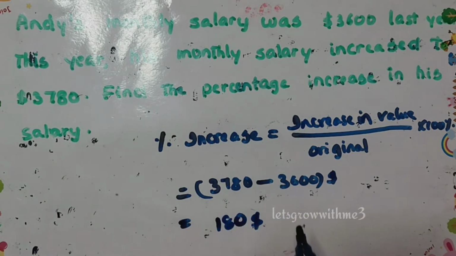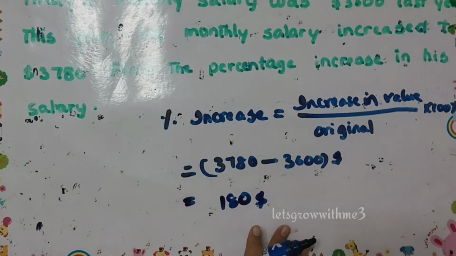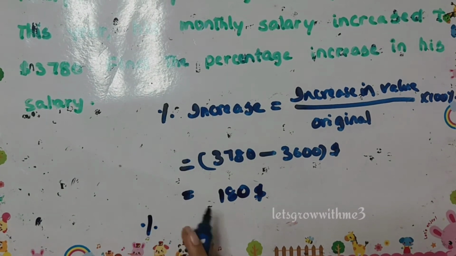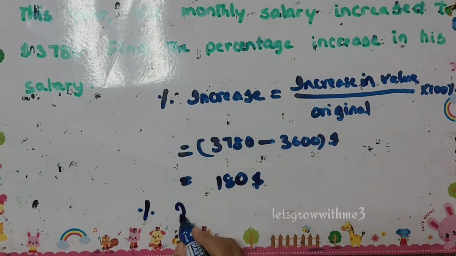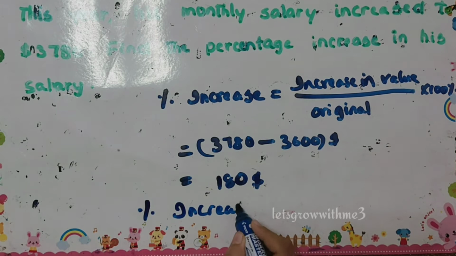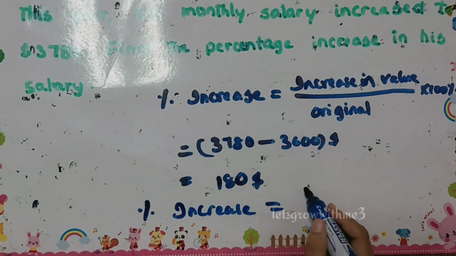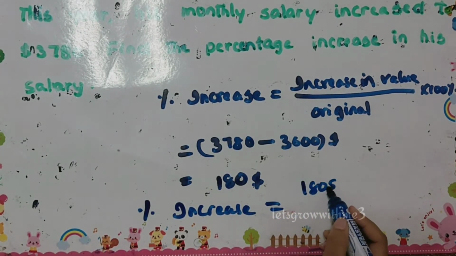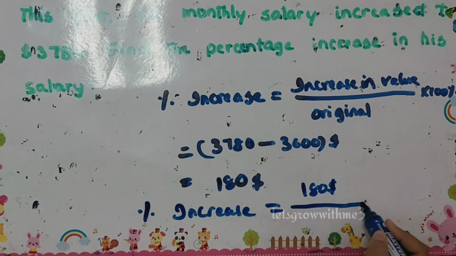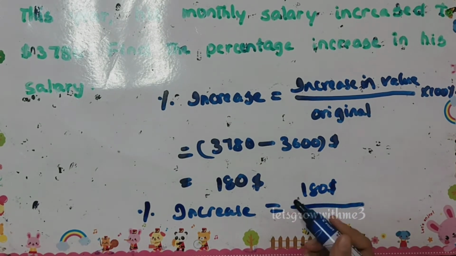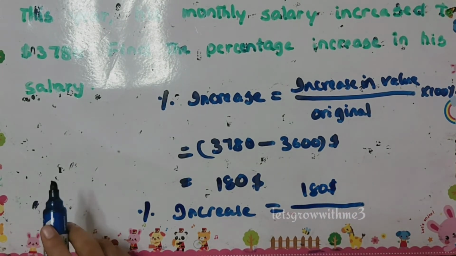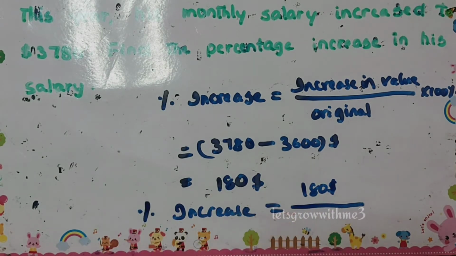So this $180 is how much percentage when we compare it with the salary? We get that using this formula. Percentage increase is equal to increase in value, $180, over original value, his previous salary $3,600, times 100%.